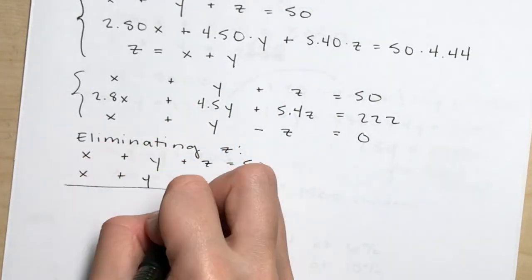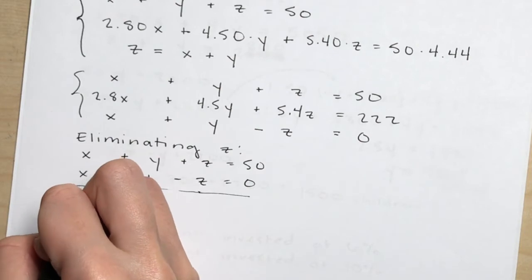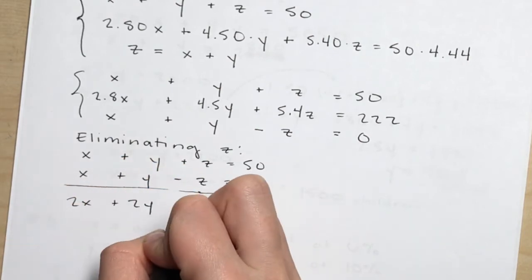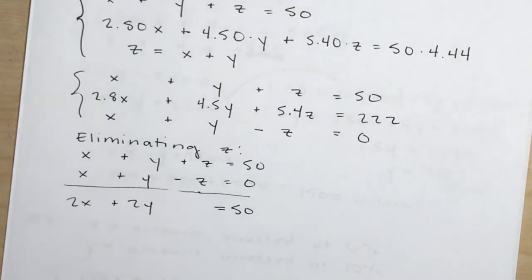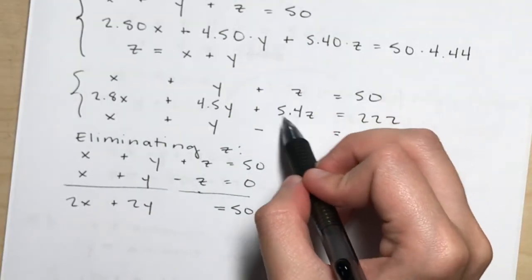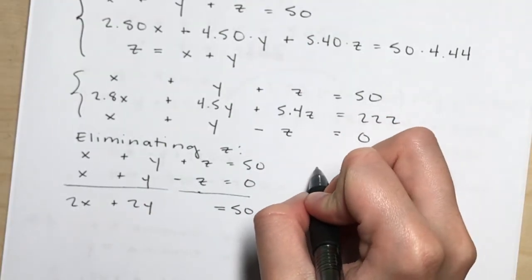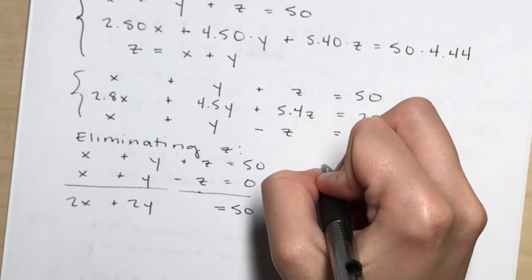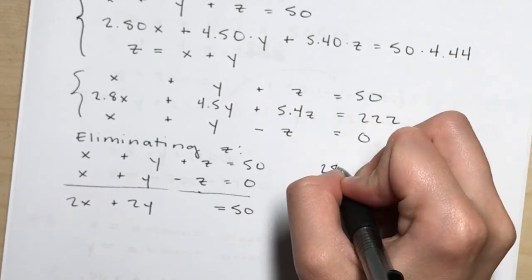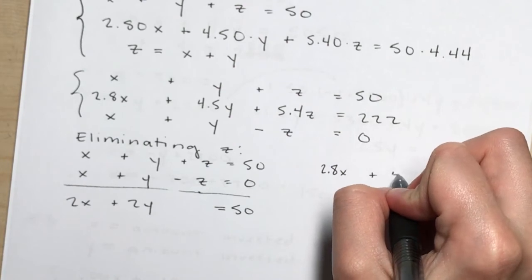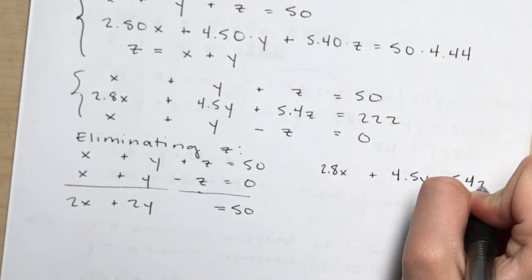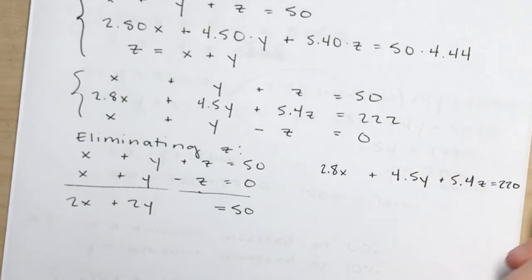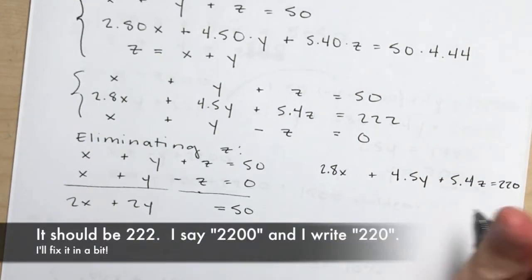So then 2x plus 2y plus 0 should equal 50. So we've got to eliminate it out of this equation as well. So that gives us 2.8x plus 4.5y plus 5.4z is 2200, kind of squishing, sorry.